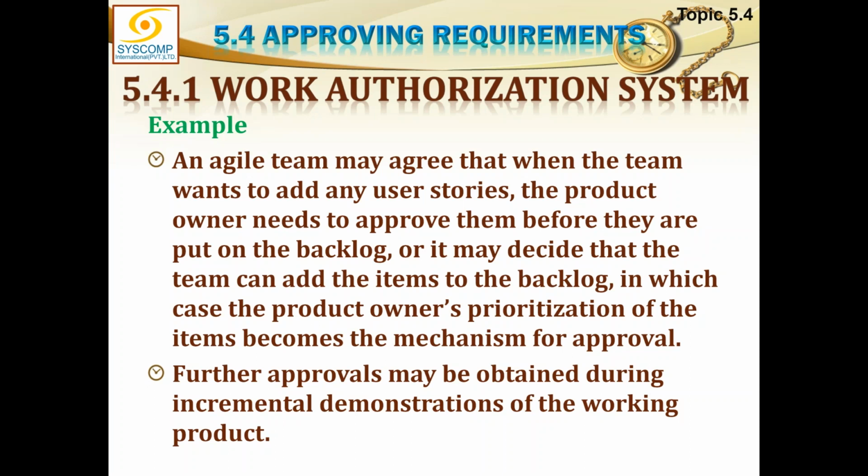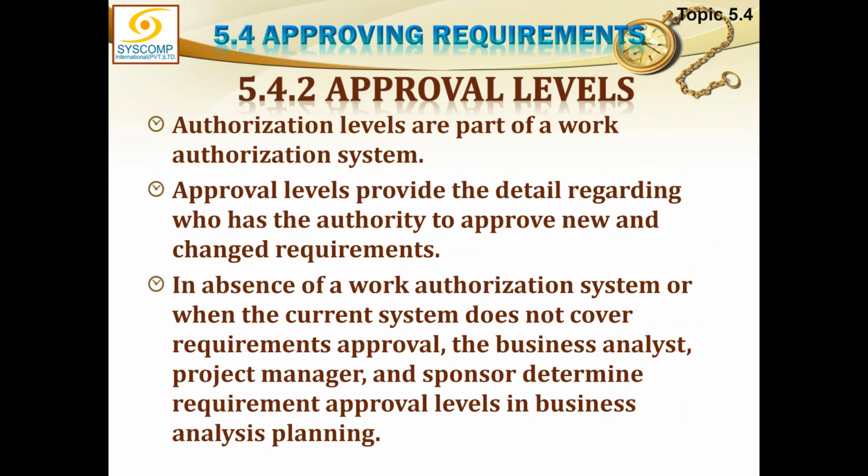Or it may be decided that the team can add the items to the backlog, in which case the product owner's prioritization of the items becomes the mechanism for approval. Further approvals may be obtained during incremental demonstrations of the working product.